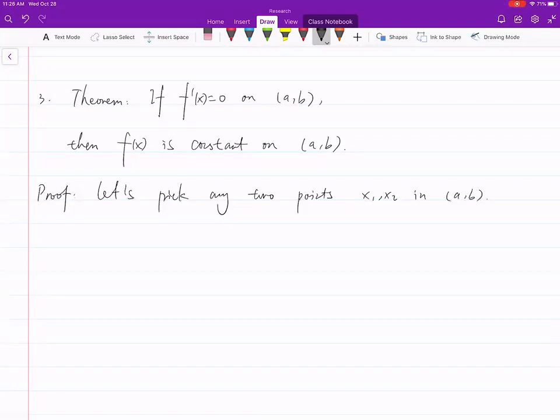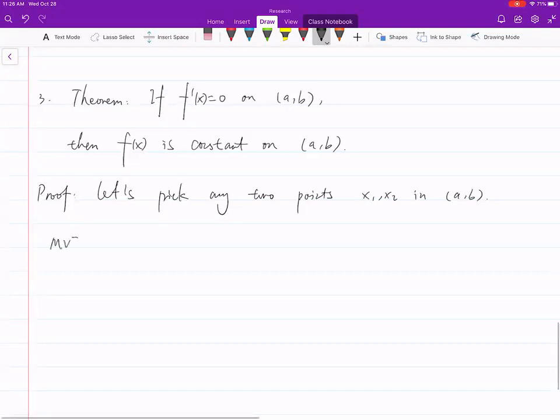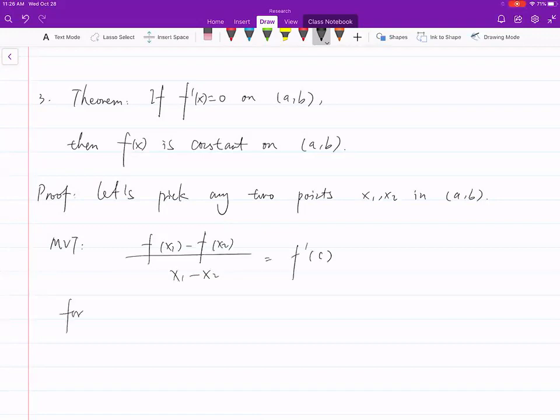Now, we know this one's differentiable because you already have a derivative, right? The derivative is 0. Then, of course, it's continuous. Then it satisfies the mean value theorem. That is fx1 minus fx2 divided by x1 minus x2 equals f prime c for some c in x1, x2. That is by the mean value theorem.